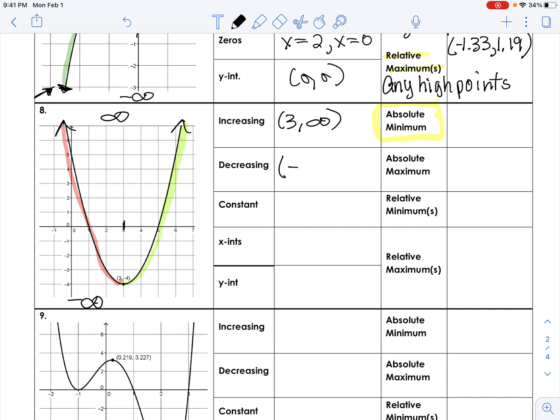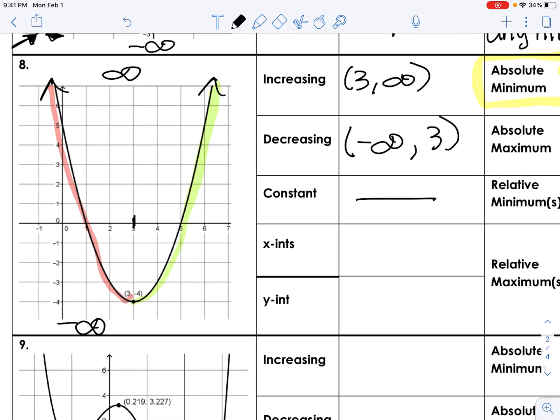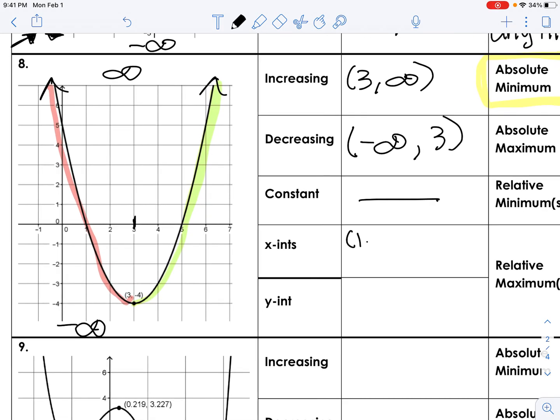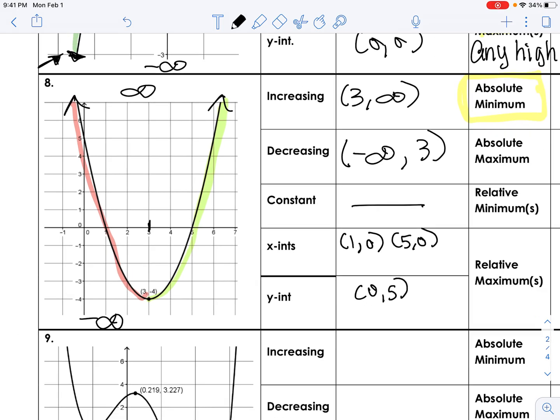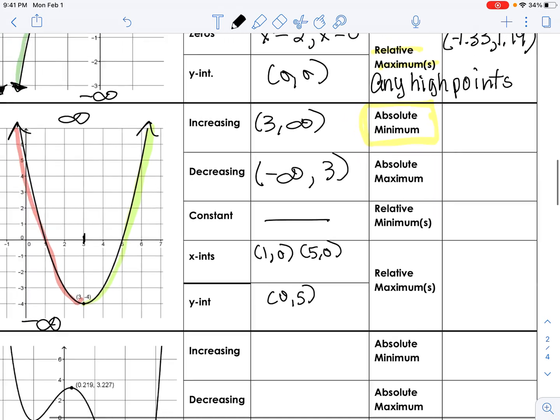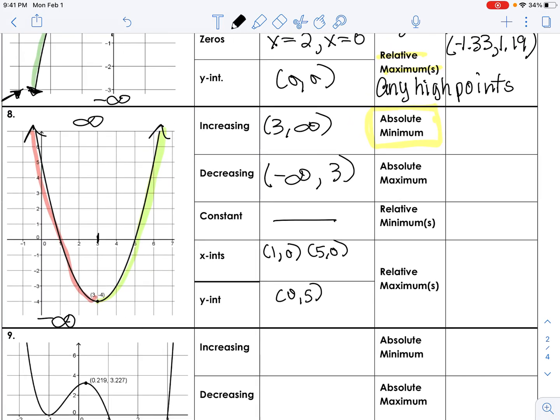Reminding you again that intervals are written with the x values. Decreasing, negative infinity to 3. Never constant. My x-intercepts are at (1, 0) and (5, 0). My y-intercept is at (0, 5).